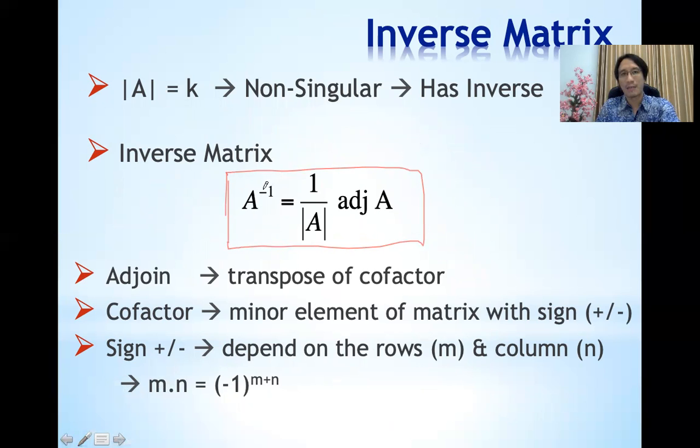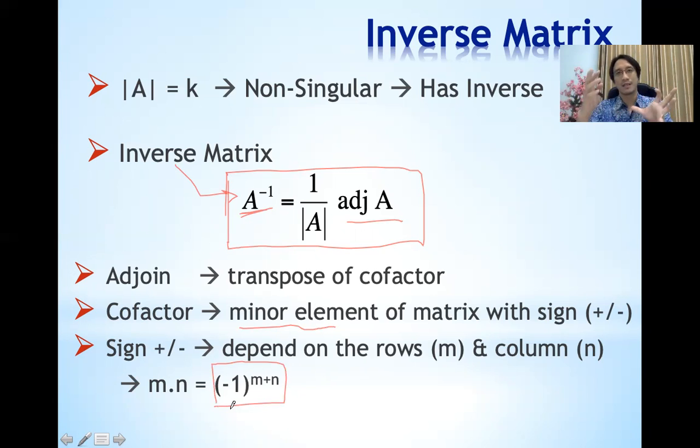A to the power of -1, called the inverse matrix, equals 1 divided by the determinant times adjoint A. Adjoint is the transpose of the cofactor. The cofactor itself is a minor element of the matrix with a sign. And the sign depends on the row and column because the sign of the minor element is derived from this formula, -1 to the power of m plus n.